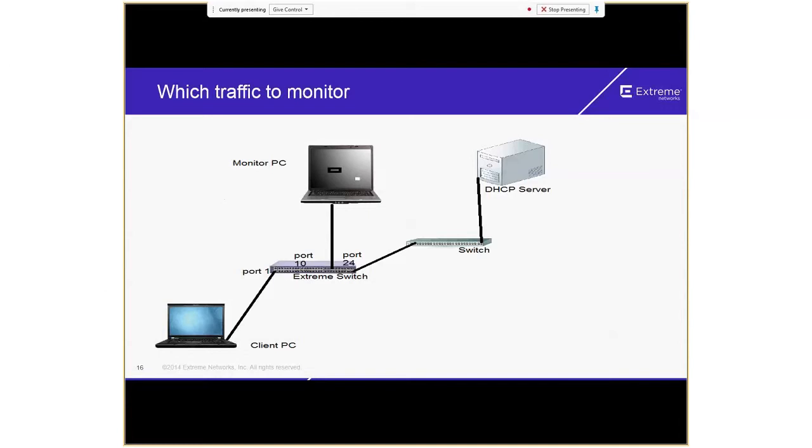If it comes in through port 1 and I do not see it going out of port 24, it means it's an issue with the Extreme switch. Or if I don't see it coming into port 1, it means the client is not sending me the information that I need to relay to the DHCP server. The next capture I asked them to do was on the DHCP server, so that I could see whether what I'm sending, the DHCP server was receiving. So this is what the case was.